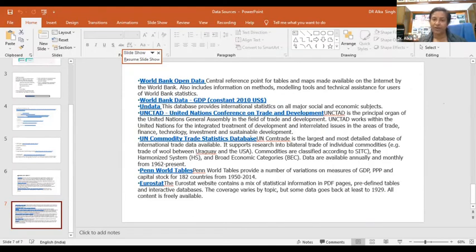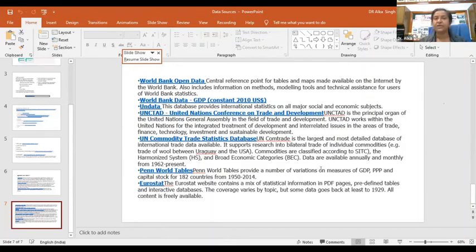Similarly, UN Comtrade data is a wonderful data set, and here country-specific or region-specific, product group-wise, individual group-wise, with a particular time frame, very detailed individual commodity-specific trade data is there.